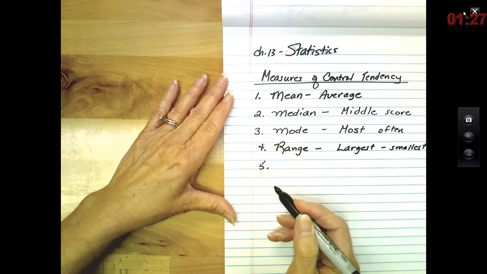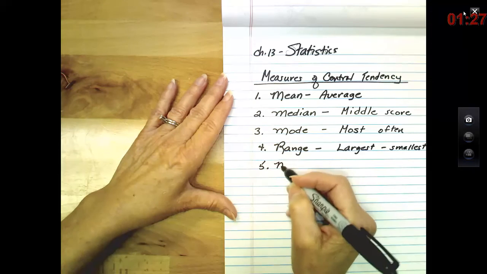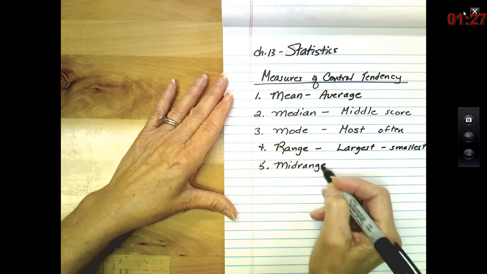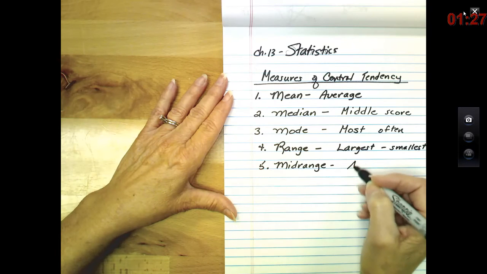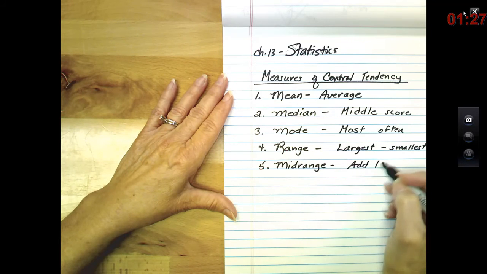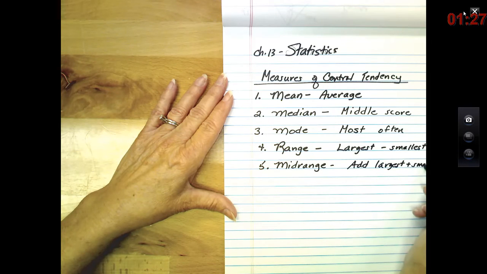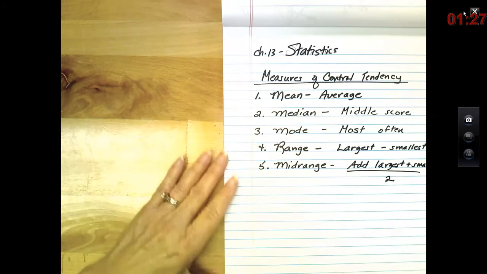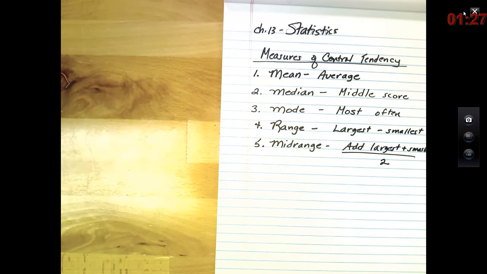Number 5, you have the mid-range. You add the largest plus the smallest and divide by 2. And then there'll be one more thing that we talk about, and that's the standard deviation.